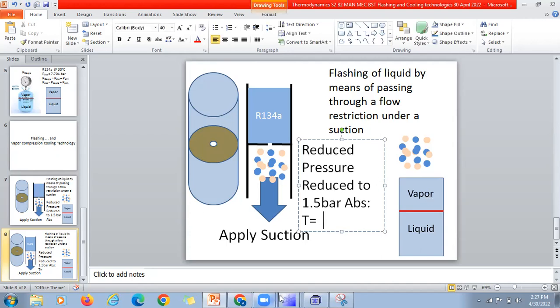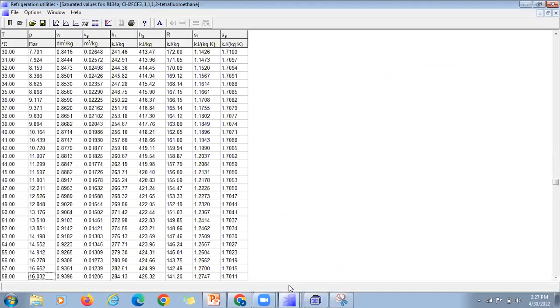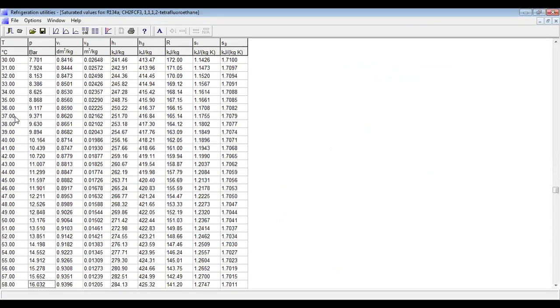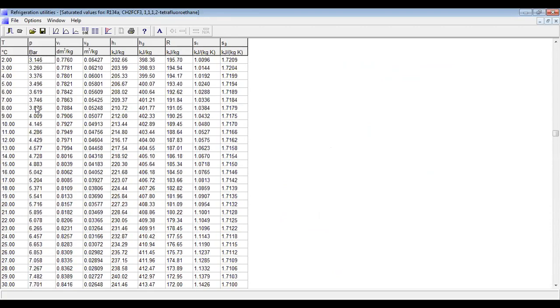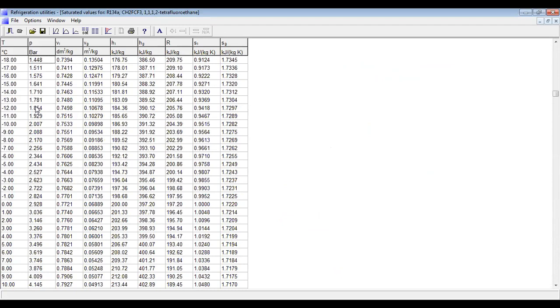What's the temperature? You have to go to the R134a table. It's here, 1.5 bar. Maybe somewhere here. We have 1.448, 1.511.